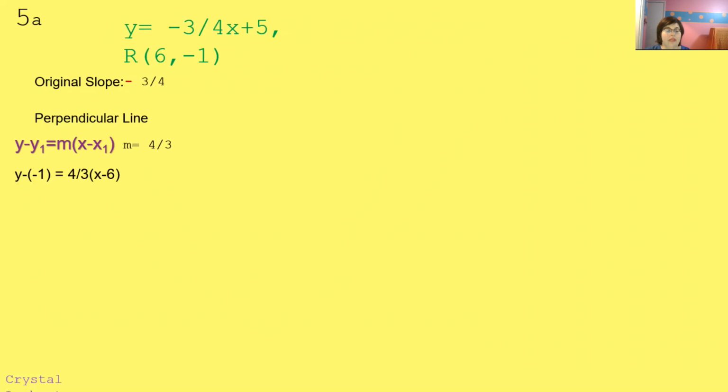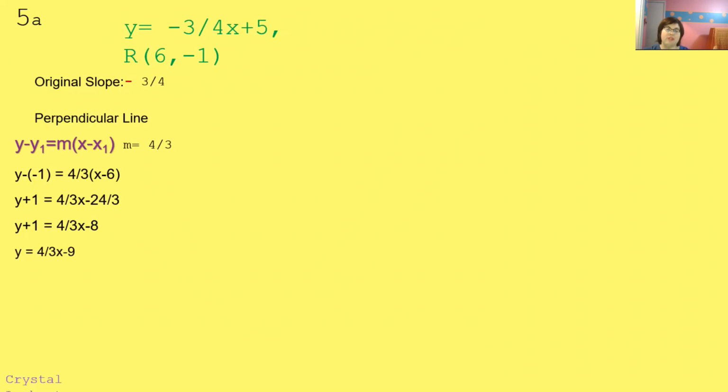Now here, we need to distribute that 4/3. And on y minus -1, that's the same as having y plus 1, and it's equal to 4/3 x minus 24/3, and 24/3 is the same as 8, right? So we have y plus 1 equals 4/3 x minus 8, and then here we're trying to get y by itself.